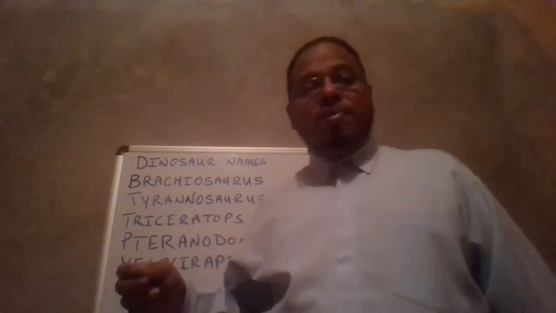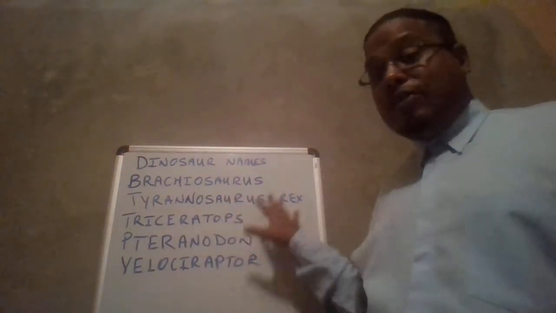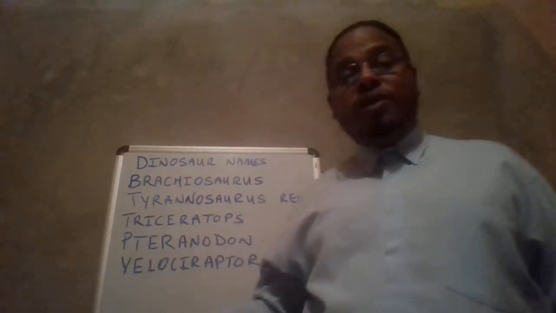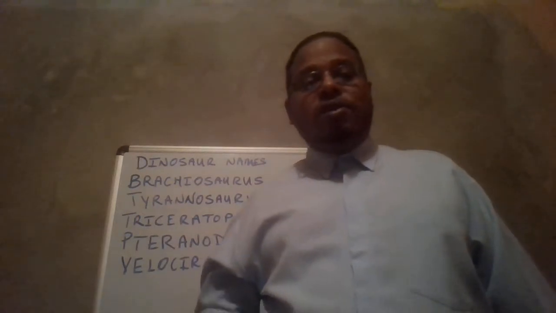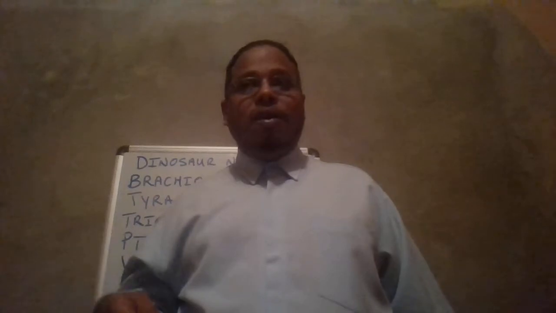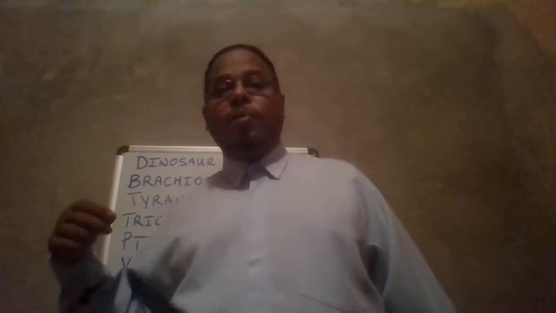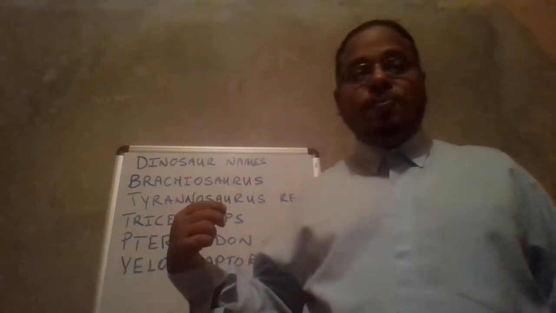Now, the tricky part is that, yes, these are just words. There are no images here. There's no printout of these images. So how are we going to go about looking for what we like about these dinosaurs?